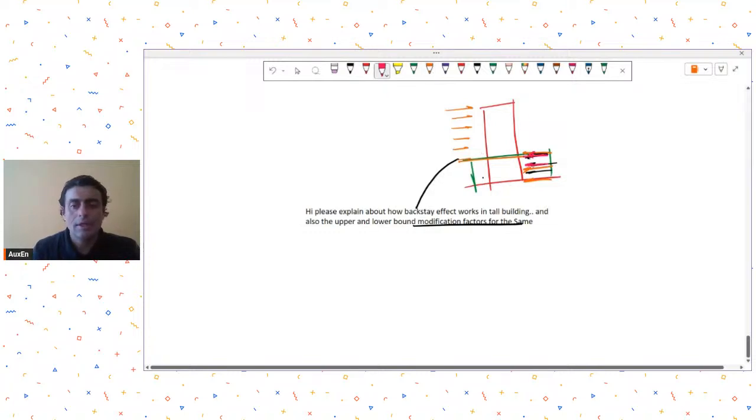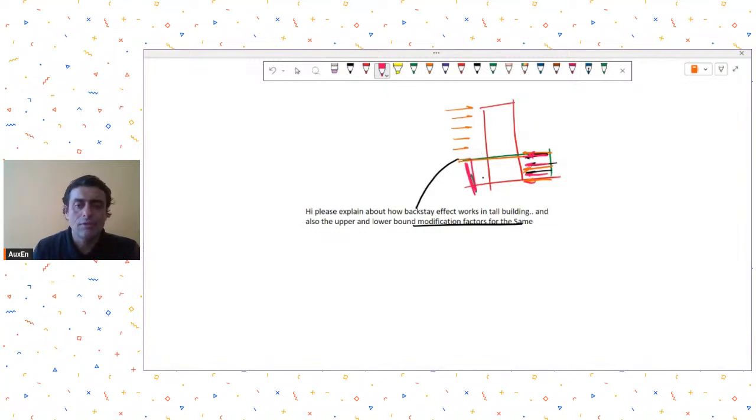But then they have to be properly considered in the design of the horizontal elements over here, and the vertical elements in your podium. You have to be properly checking for these effects, which is the resistance that will be offered by these podium levels to the lateral loads on the tower portion. So this is basically called the backstay effect.